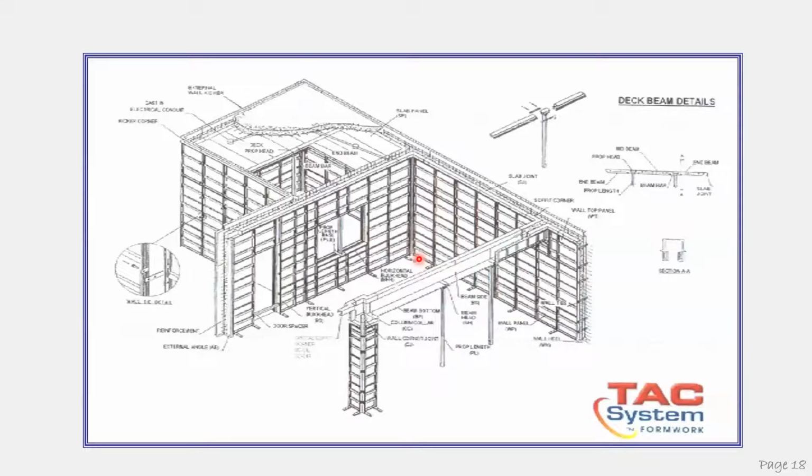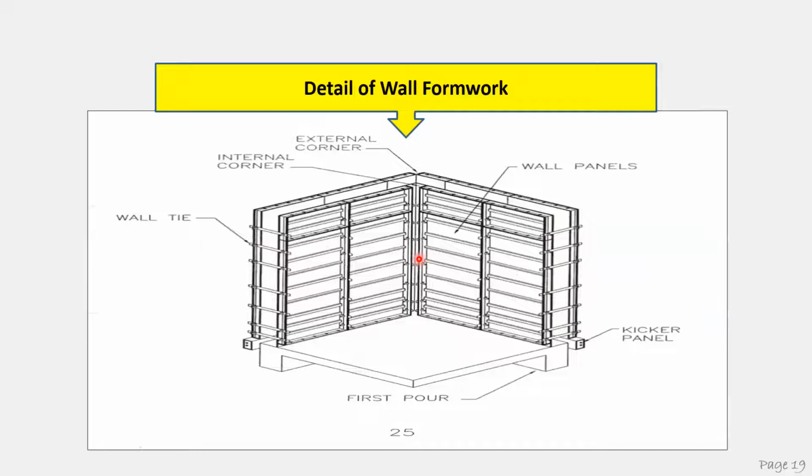Okay, so this is the detail of the formwork. You have a wall panel, or another term, sheeting. Kicker panel is basically to adjust the stability and also the verticality.